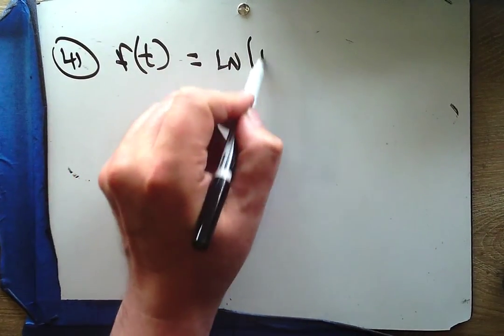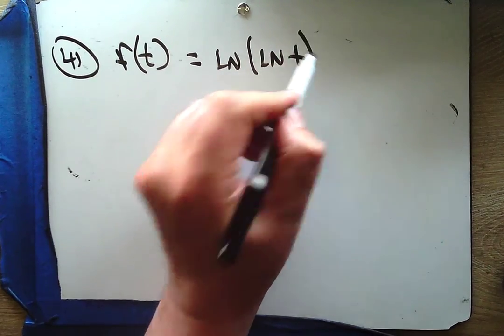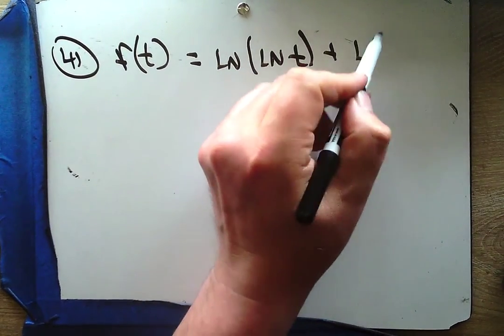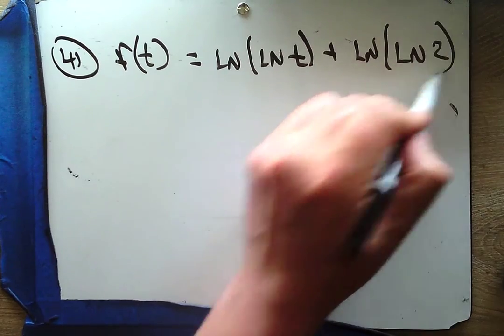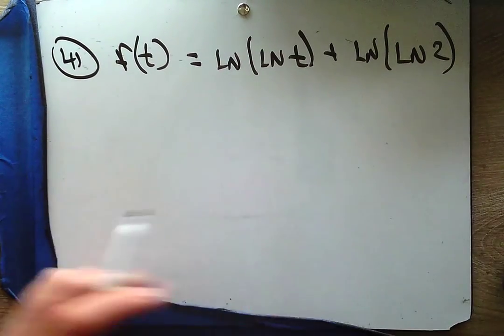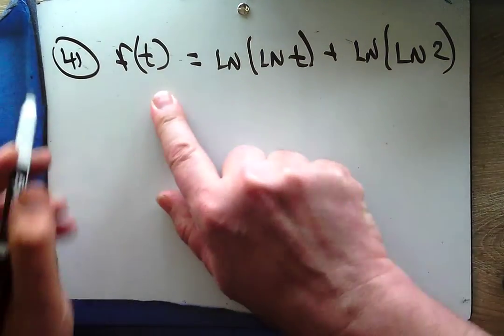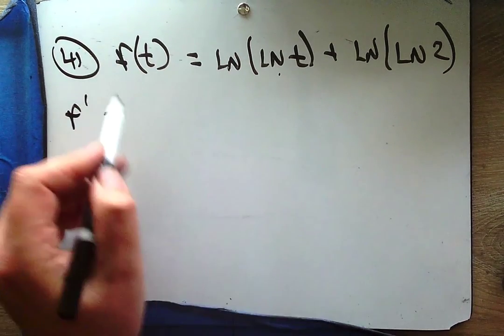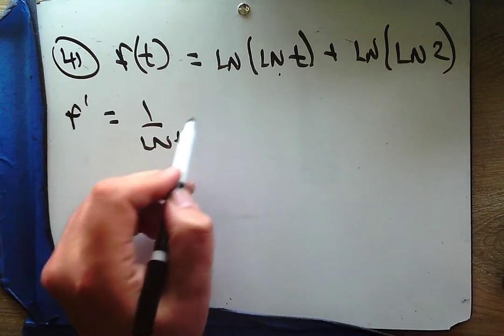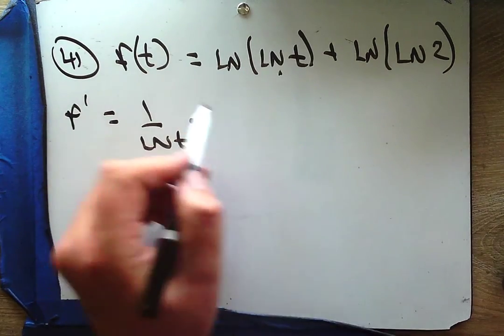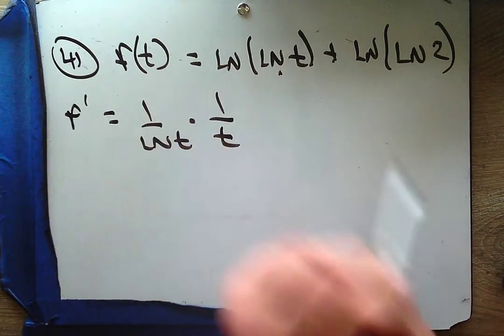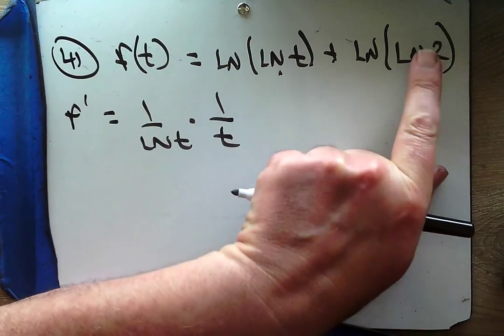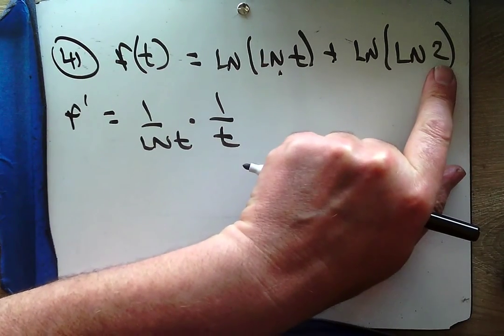f of t is the ln of the ln of t plus ln of 2. You wily kukla. So f prime is going to be derivative of ln is 1 over stuff times the derivative of stuff, plus, now, ln of 2, there's no variable here.